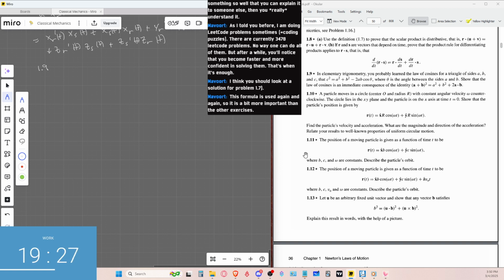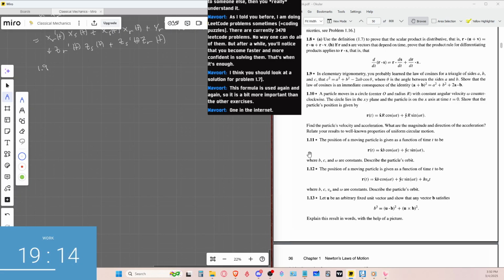This formula is used again and again, so it is a bit more important than the other exercises. The one on the internet. Oh, okay. Let me see, because I don't know if they have answers, or at least easily accessible ones.